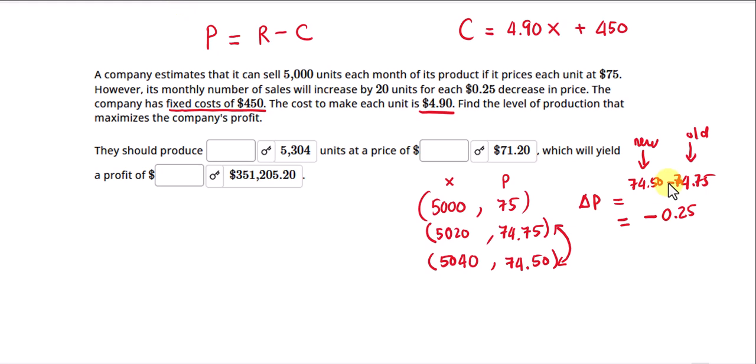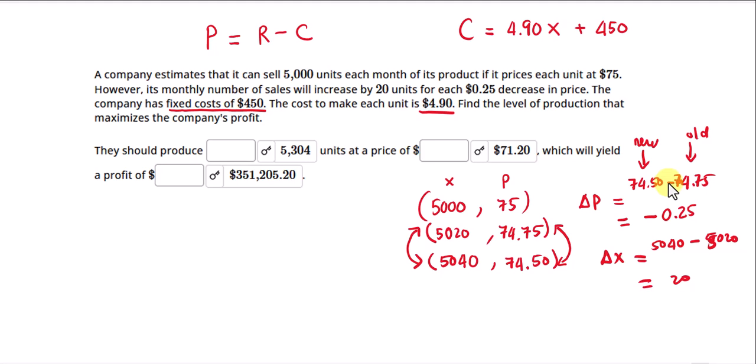So the delta P, the change in the price, should be negative 25 cents. And we also want to find the change delta X, right? That would be the difference between any two values. So that would be 5,040, the new value, minus 5,020, the old value, and that should give you 20. And that is the difference any time that you increase or decrease the price by 25 cents.